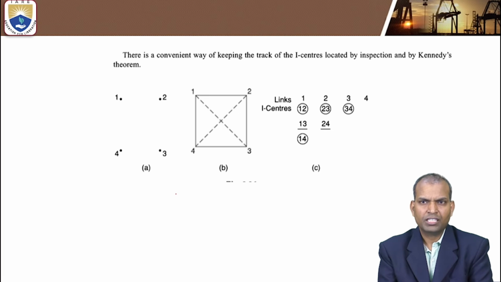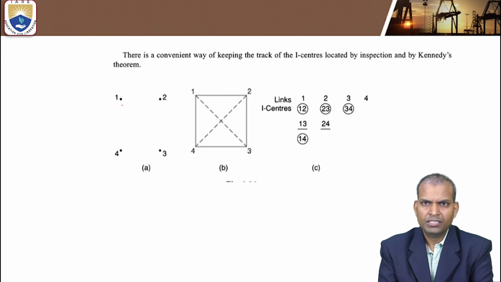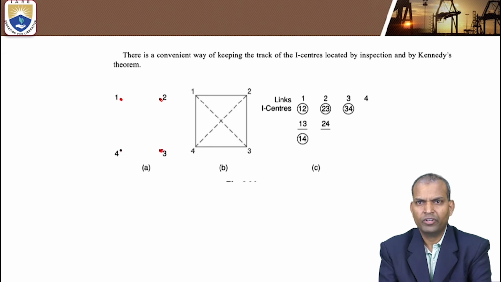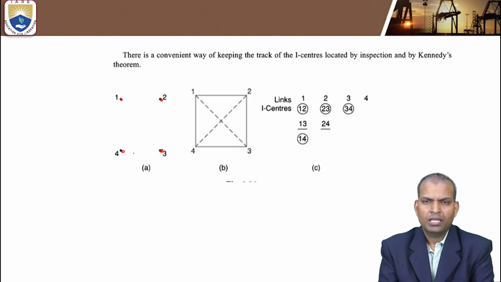We can understand it completely, or the rectangle method also. Here in this slide, the convenient way is to mark the points 1, 2, 3, 4 in a clockwise location. These 1, 2, 3, 4 represent the number of the link: link 1, link 2, link 3, link 4.